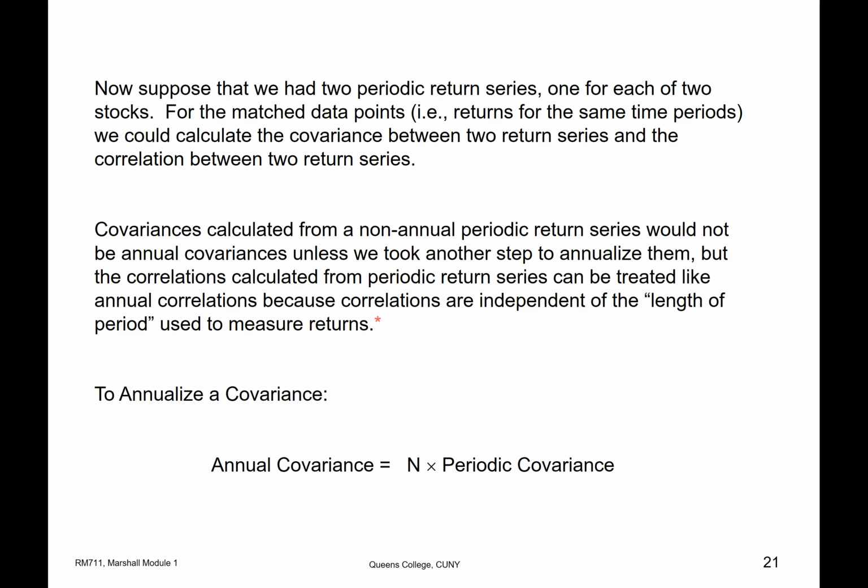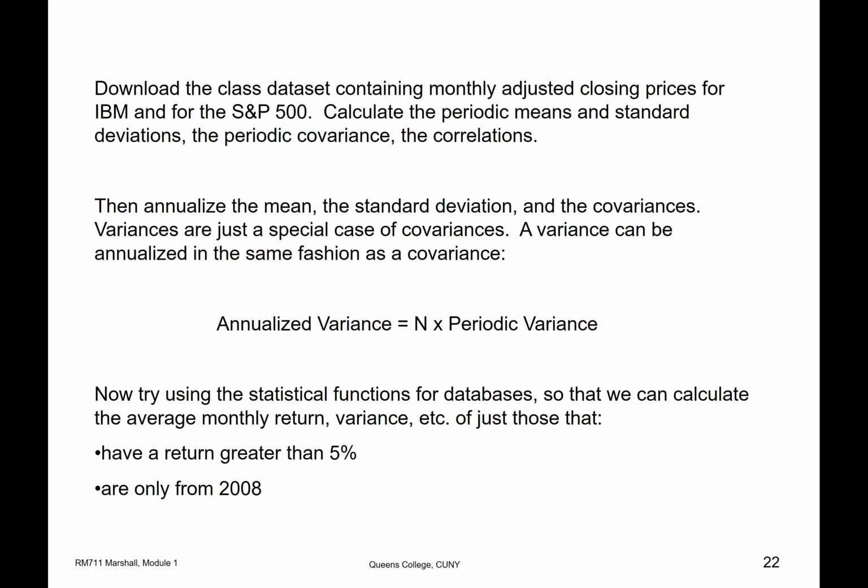Whereas correlations calculated from periodic return series can be treated like annual correlations because correlations are independent of the length of period used to measure returns. So for correlation, we don't have to do anything to annualize it. For the covariance, you'd be taking the periodic covariance and multiplying by n, by 12 if it's monthly, or by 252 if it's daily.